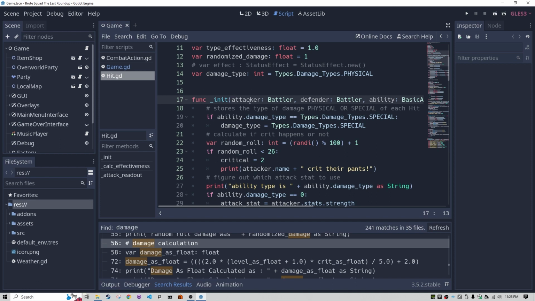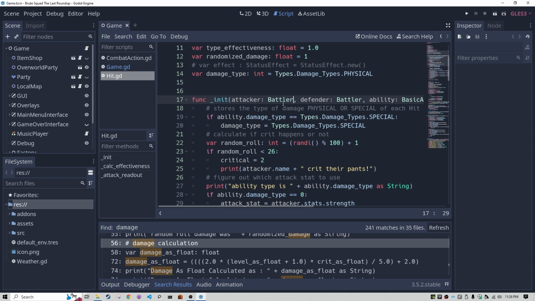But let's look at the parameters. It takes one parameter named attacker, which is type battler. So battler is a specific custom type for our game. We talked about types like floats and ints and things like that. Well, we can create our own custom types too, and I will definitely teach you how.